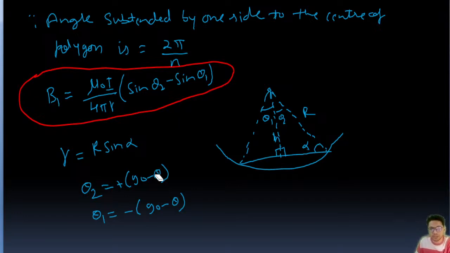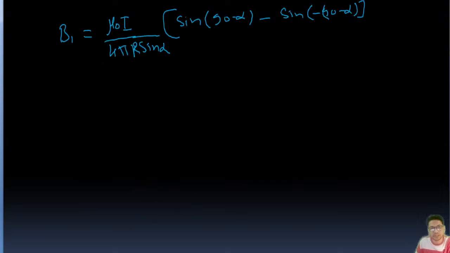We made a mistake here, this is alpha, because it is 90 minus alpha. So this is going to be mu0 I upon 4 pi R sine alpha into cos alpha plus cos alpha, since sine of (90 minus alpha) is cos alpha.